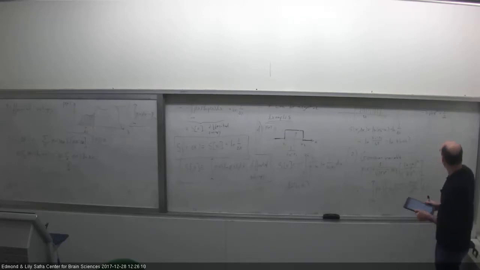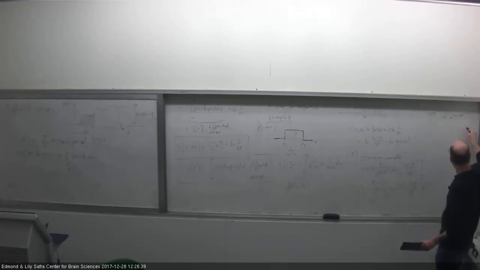Okay, so if I want, I can write this sum also slightly differently. First of all, I can write this as half ln 2 pi sigma squared plus half.